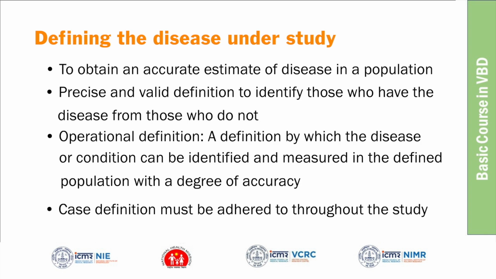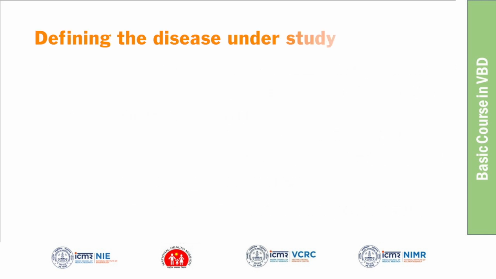One is identification, and for that also you have to have a checklist. And second one is measurement. You have to have a standard measurement tool to measure that particular health problem, to identify the affected population with a degree of accuracy. Once you finalize the case definition, you must adhere to it throughout the study. You cannot change the definition of the disease in between.